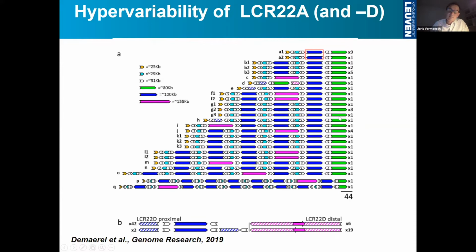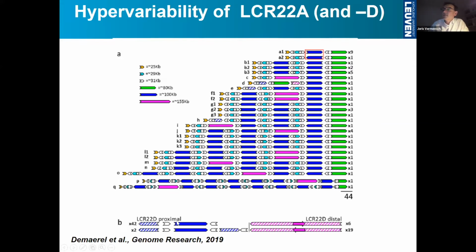We mapped 44 of those alleles, and you see that the region is extremely variable. We didn't see any individual who was homozygous for the LCR22A. And moreover, what you should appreciate is that the minimal size here was about 300 kb, and the largest is 2 megabases in size. So this is really a huge block in that region.